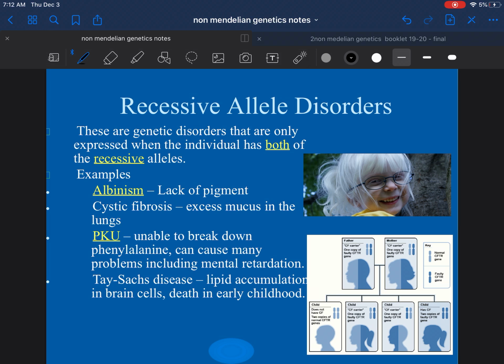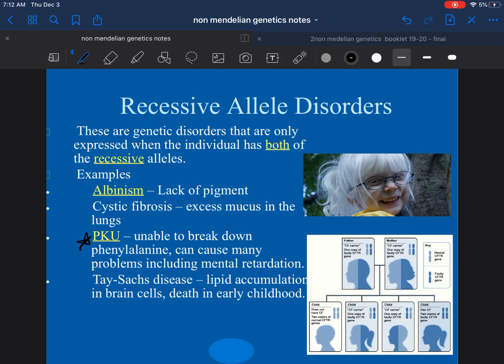Recessive allele disorders are genetic disorders that are only expressed when the individual has both of the recessive alleles. We talked about this last class with albinism and cystic fibrosis. Another example would be PKU. PKU is being unable to break down phenylalanine, and it causes a lot of problems with mental retardation.